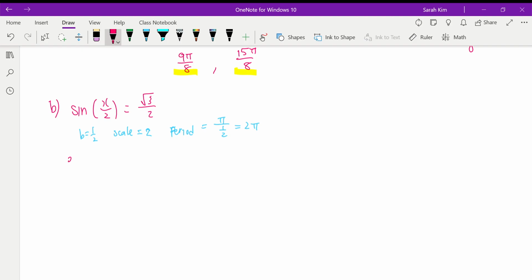So my x over 2 is inverse sine of square root 3 over 2. Let's see what that is. That becomes pi over 3. And again, I am going to be writing plus 2 pi k as a bit of a habit now.